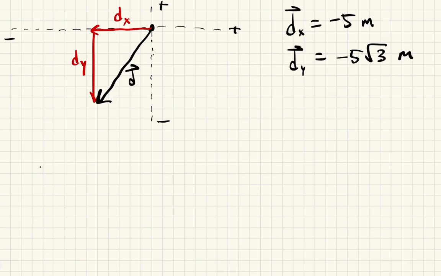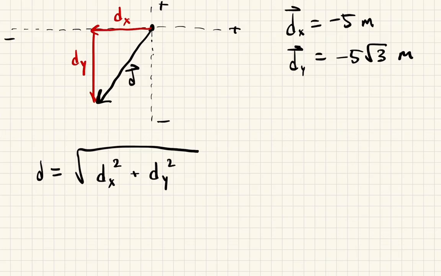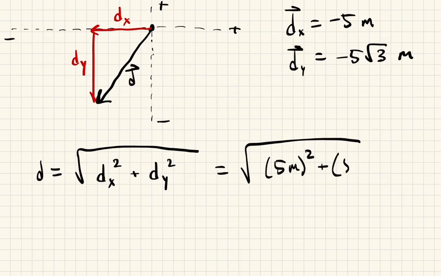So what we're going to do is the magnitude of our displacement vector is going to be equal to the square root of the x component's magnitude squared plus the y component's magnitude squared. And so this would be 5 meters squared plus 5 root 3 meters squared.